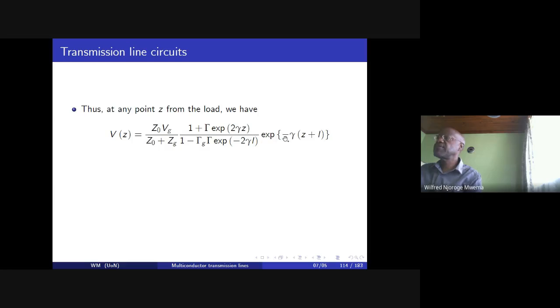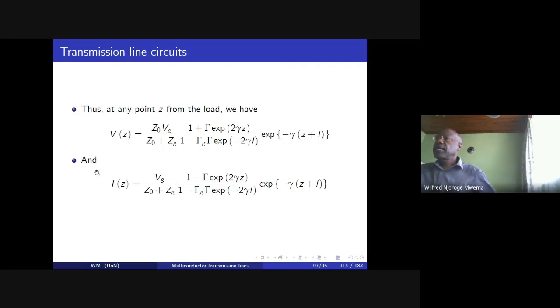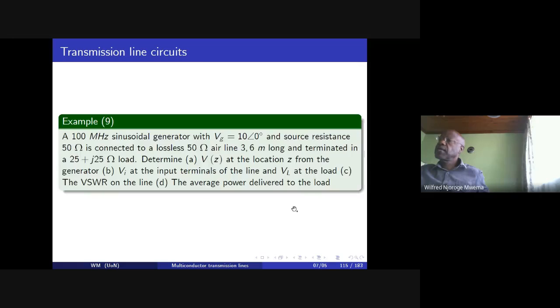You can see that this is going to be given by the exponent of minus gamma into z plus L. Remember, it's because we are choosing our z at the load end, and therefore we must add that value of L there. And the line current is going to be given by the same expression, but note the only thing that is changing is the factor 1 minus gamma exponent of 2 gamma z. Here it's plus and here it's minus, and we are multiplying the same value.